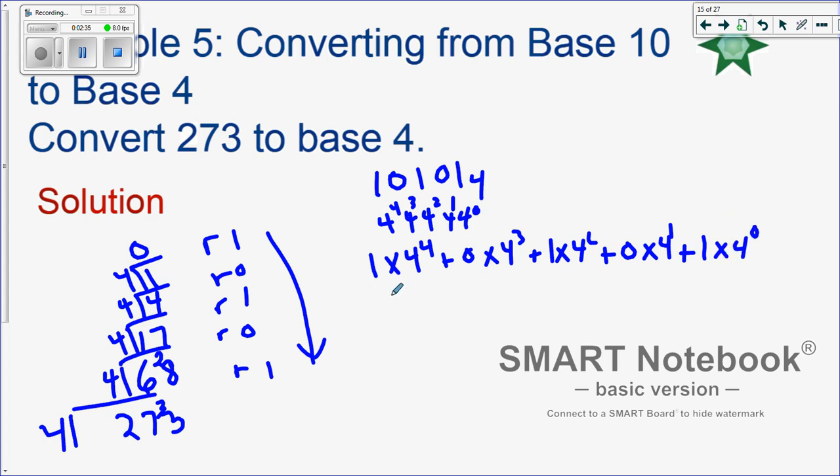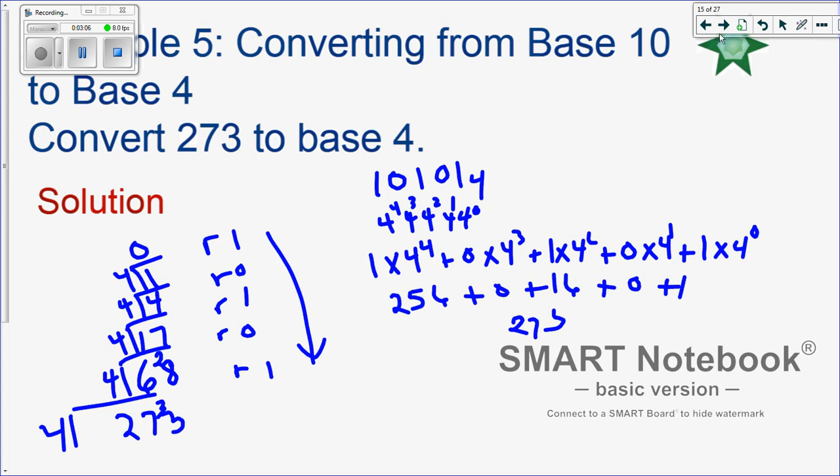So 4 to the fourth is 256, plus 0, plus 16, plus 0, plus 1. So if you add 256 plus 16 plus 1, you get 273. Now that part of the problem is not required, but I just wanted to show you that the answer that I got turns back into 273. That's what we did in the first half.